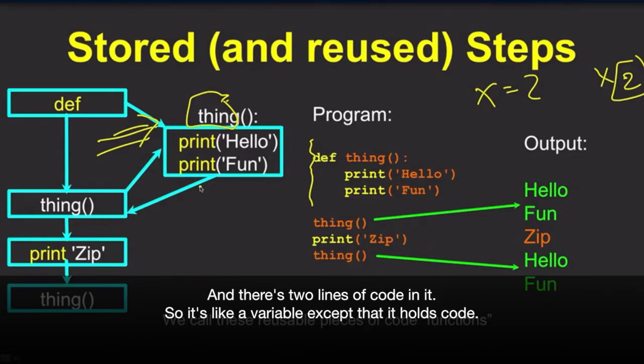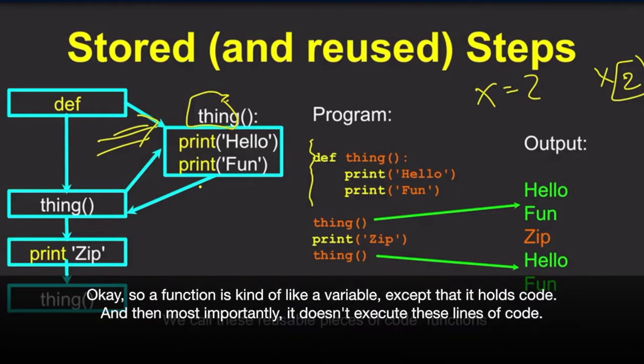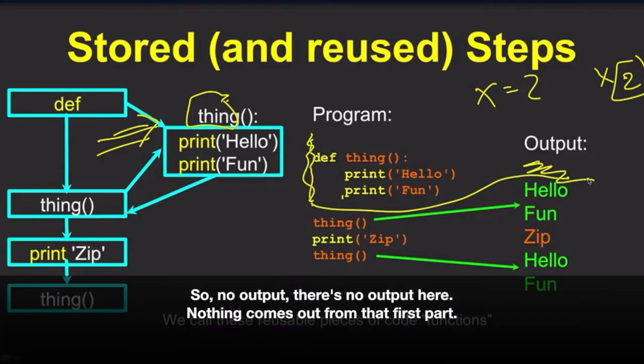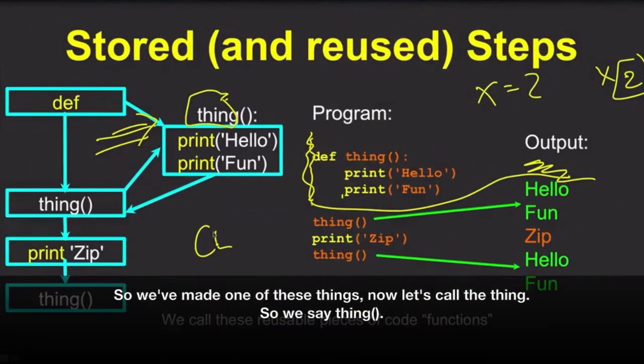So it's like a variable except that it holds code. A function is a kind of variable except that it holds code, and most importantly, it doesn't execute this line of code. So there is no output here. Nothing has come out from the first part.